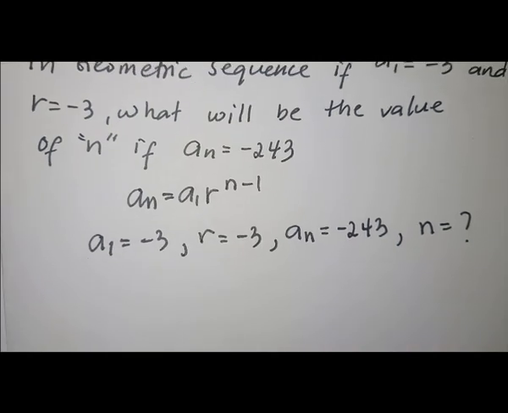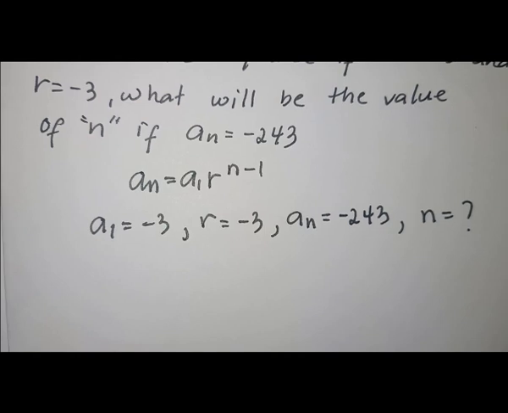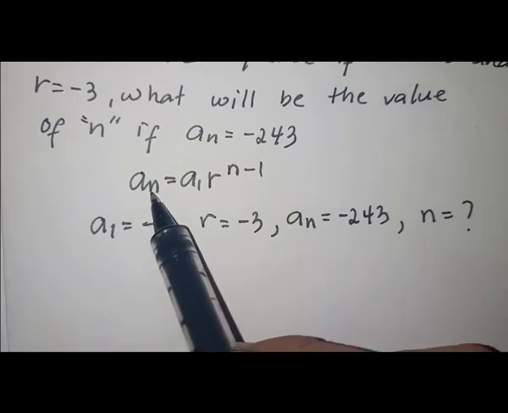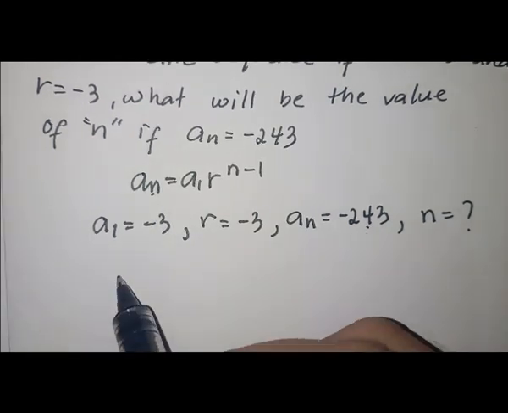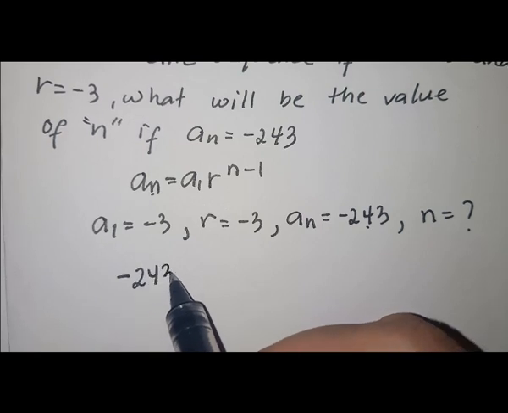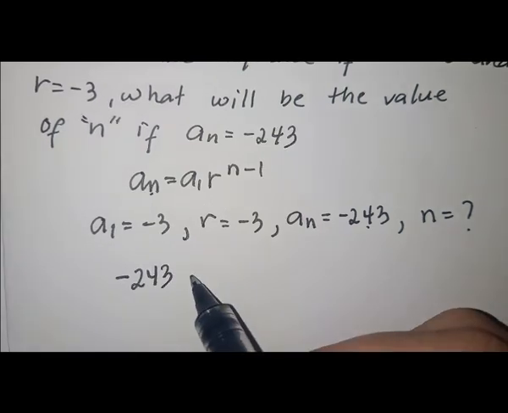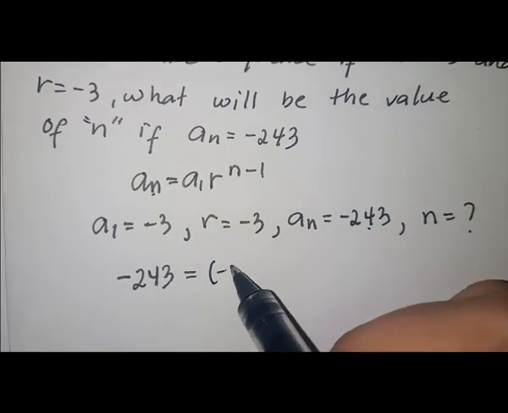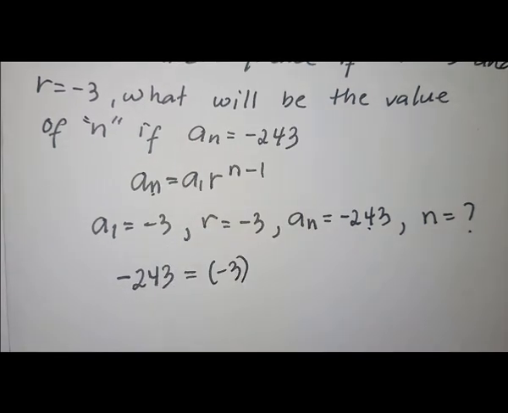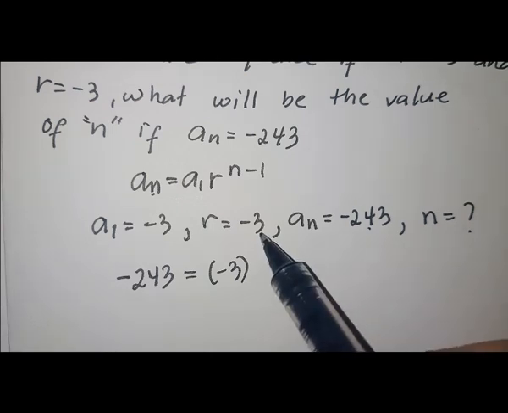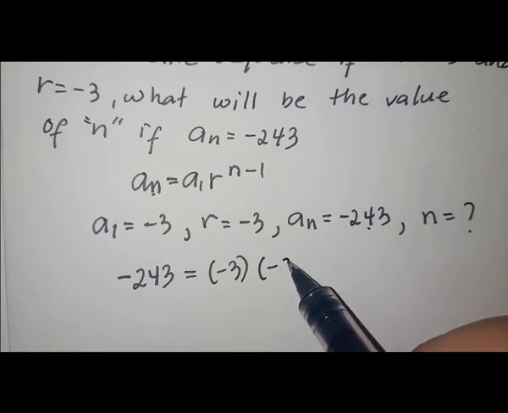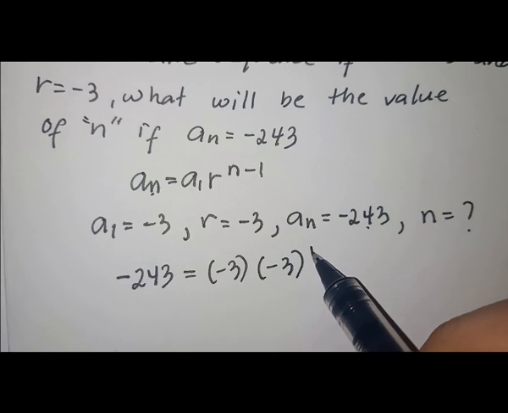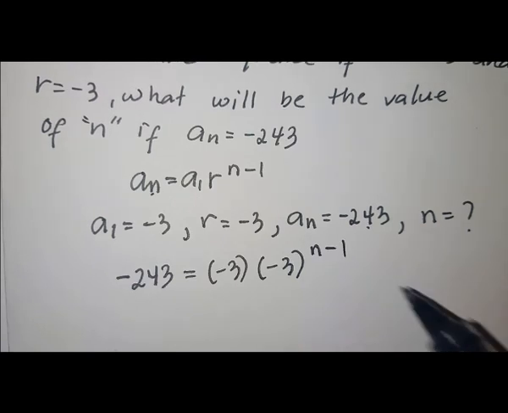Okay, so let us try to substitute the corresponding value. Ang value ng a sub n na meron tayo ay negative 243 equals, ang a sub 1 natin ay negative 3. At nagkataon na naman na ang common ratio natin ay negative 3 raised to n, which is unknown, minus 1.